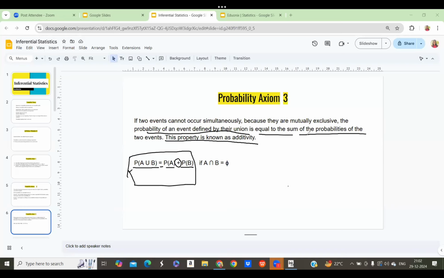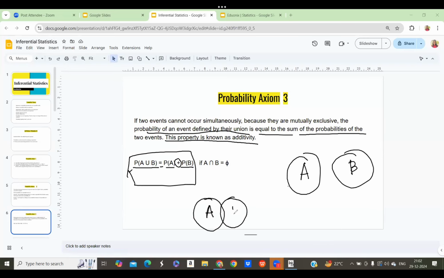Now what is union? Let's say you have one event A, you have one event B. Now if I draw them like this, this is the common part between two events. This is called intersection.